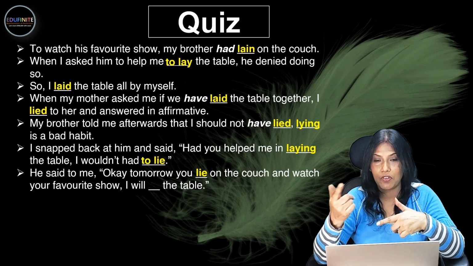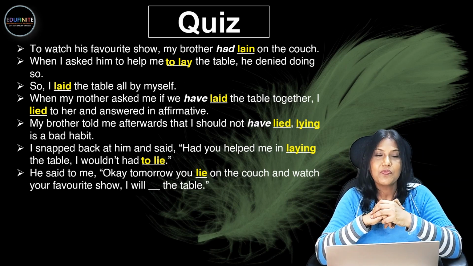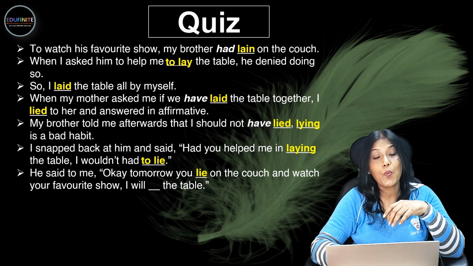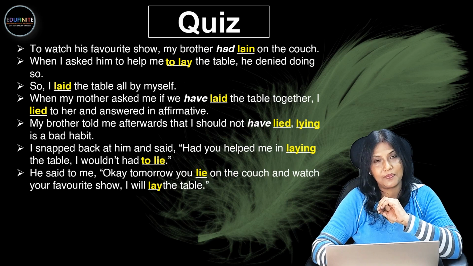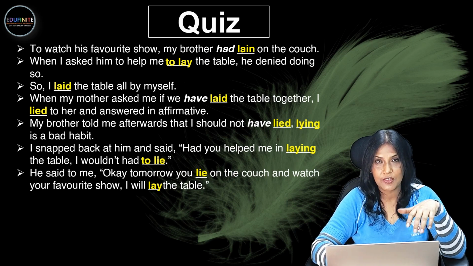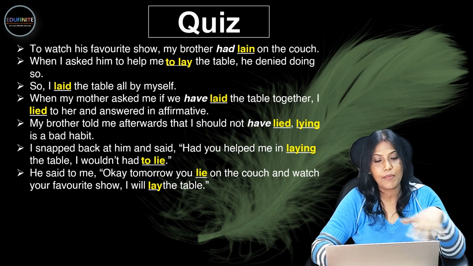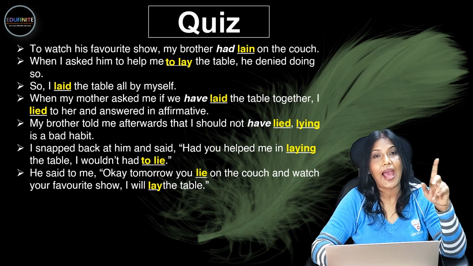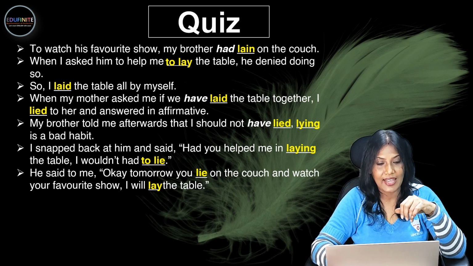Okay, tomorrow, what will happen? He's telling me, my brother, tomorrow you lie on the couch and watch your favorite show. And what will my brother do? I will lay the table. So he's trying to compensate for today. Tomorrow he's offering, you watch the program lying on the couch, and he's going to lay the table.